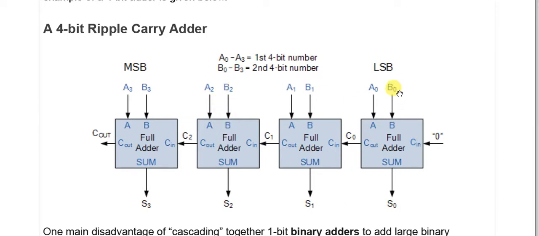It gives rise to the sum S2 and the carry. Similarly A3, B3, when you add the two bits, which can have 0 or 1 values, we get S3 and the next carry is the carry out.